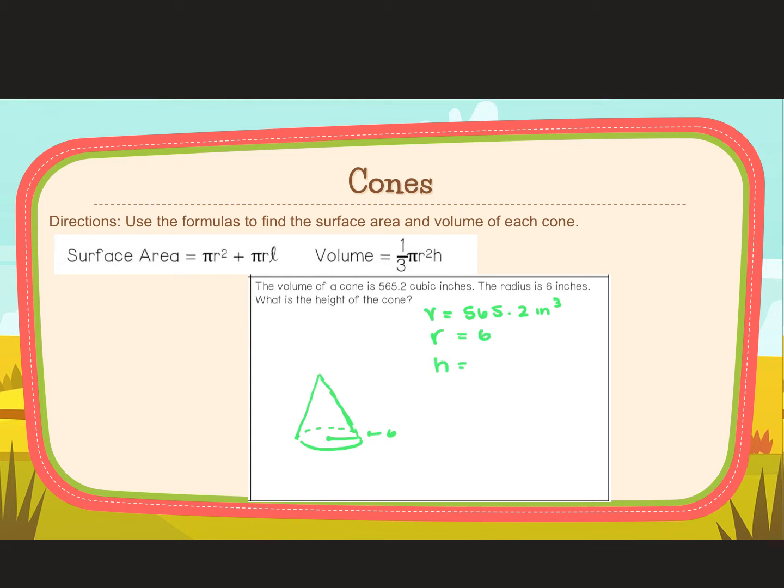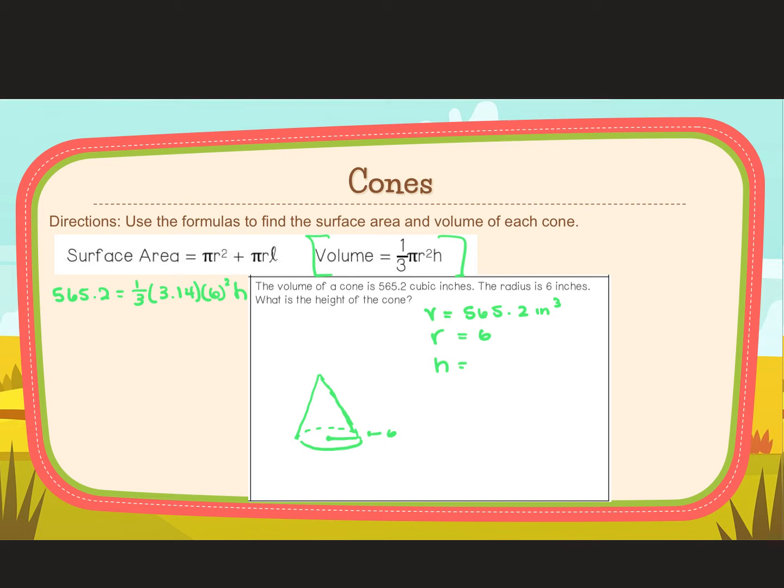All right, so now what we're going to do is just plug everything into the formula. So we know that our volume, so we're using this formula here. So that volume is 565.2. We have 1/3. We use 3.14 for pi. We have our radius squared, which is 6, and we're looking for h, which is our height.